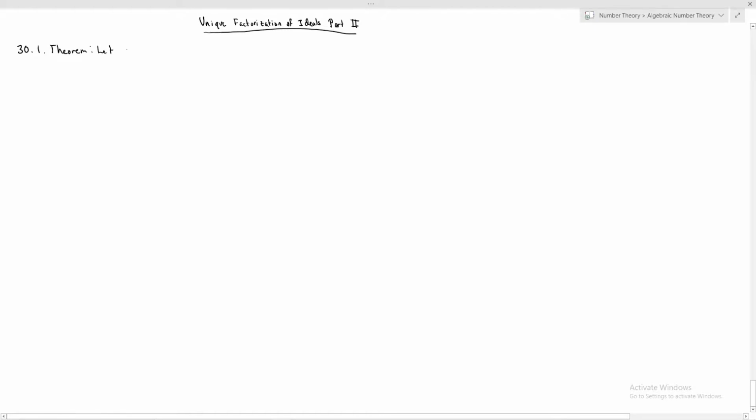Let A be a Dedekind domain, and let's say 𝔞 is a non-zero ideal. Then there exist unique prime ideals.